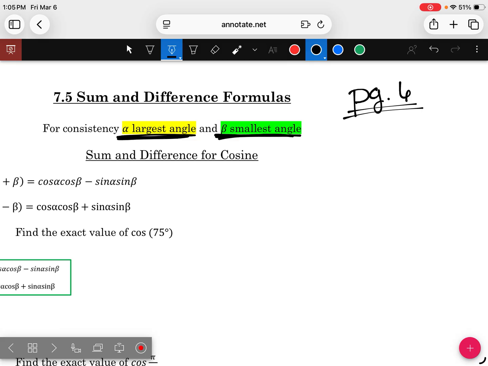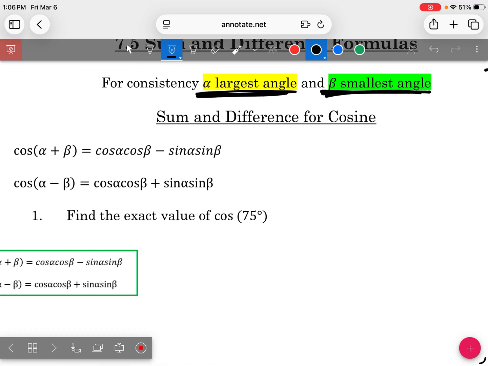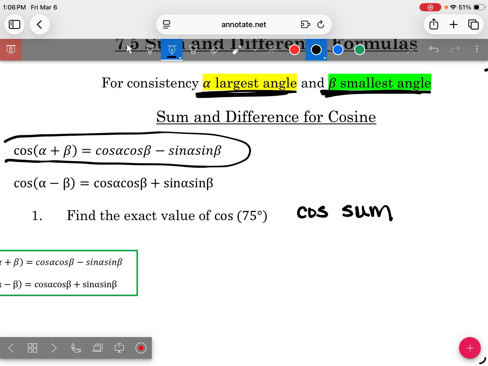Okay. So let's start off with finding the exact value of the cosine of 75. Now, would you agree with me that 75 degrees is not an angle on our unit circle? Who agrees? So, in order to get the exact value, we need to use an identity. So, if we wanted to do the sum identity, let's start off with cosine sum. So I'm using this identity right here that's on your pink sheet.